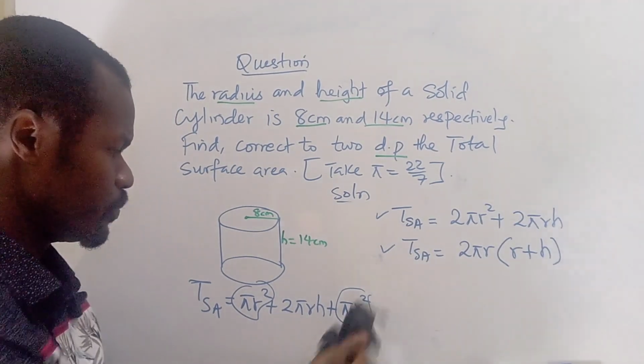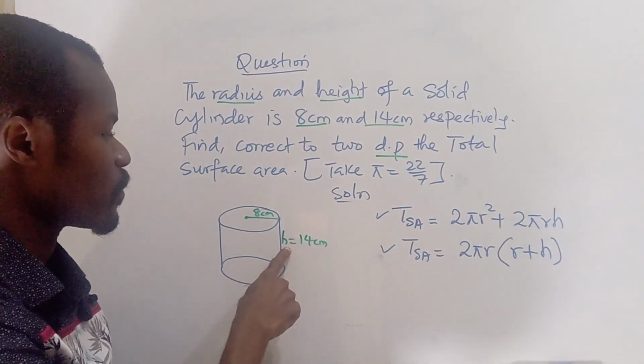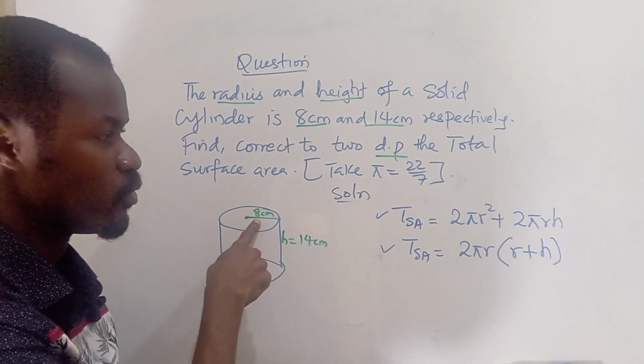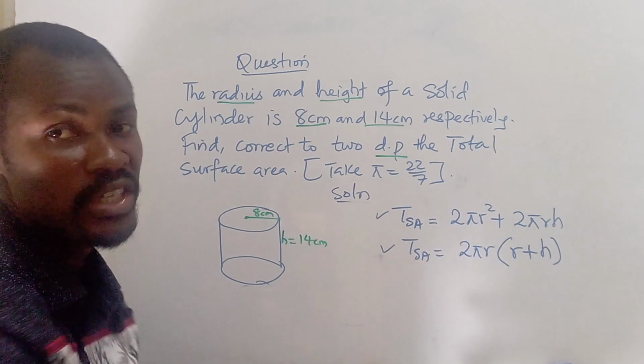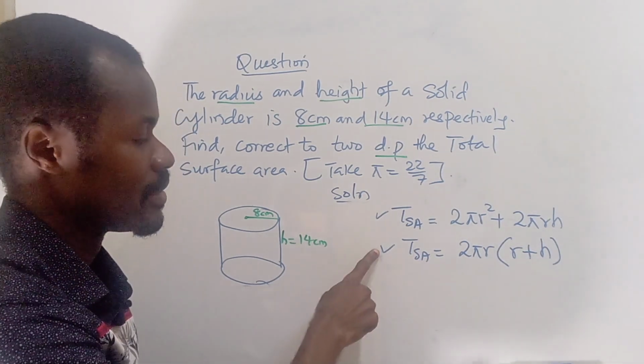Now let's input the values of h, the radius and pi into the expression. But for ease, we are going to use this.